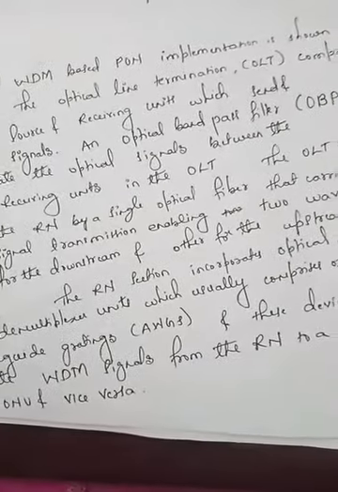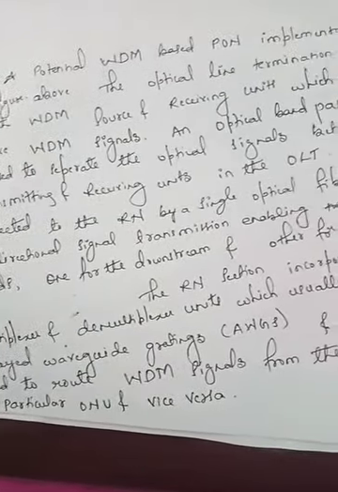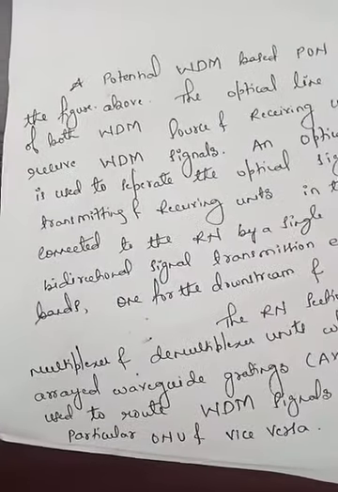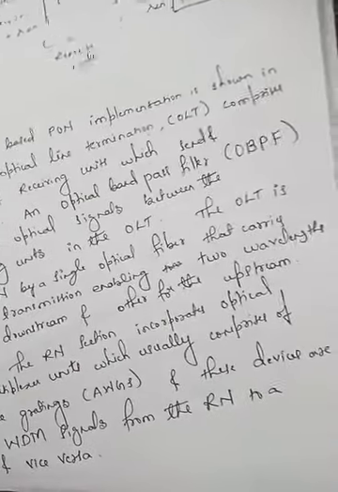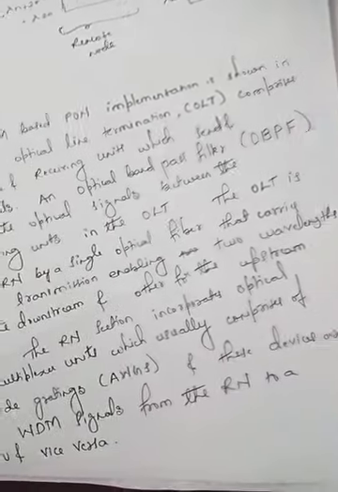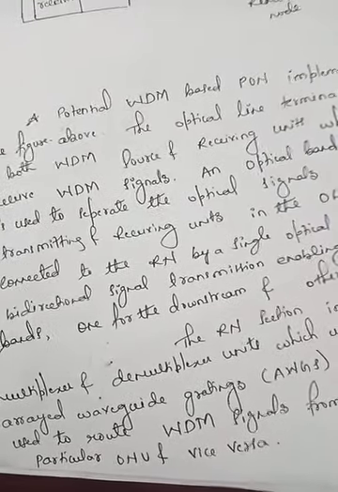The RN section incorporates an optical multiplexer demultiplexer unit which usually comprises arrayed waveguide gratings, that is AWGs, and these devices are used to route WDM signals from the RN, remote node, to the particular ONU and vice versa.